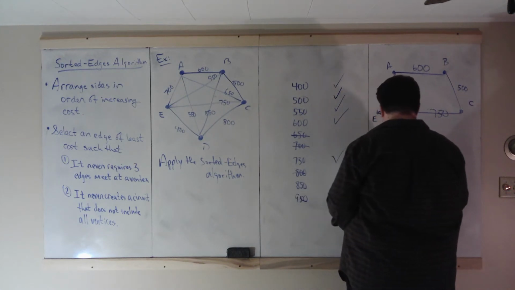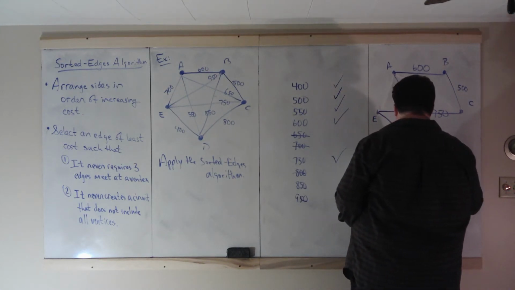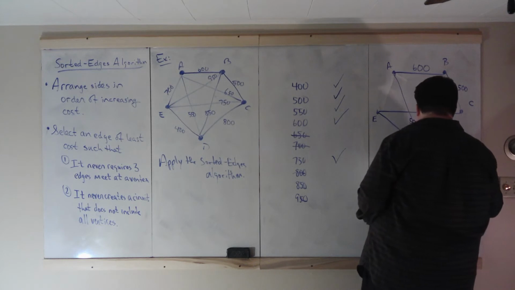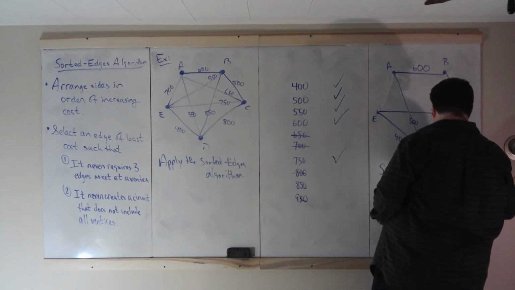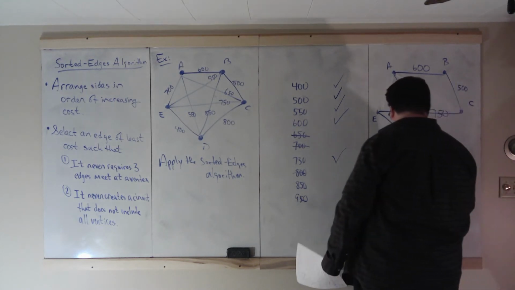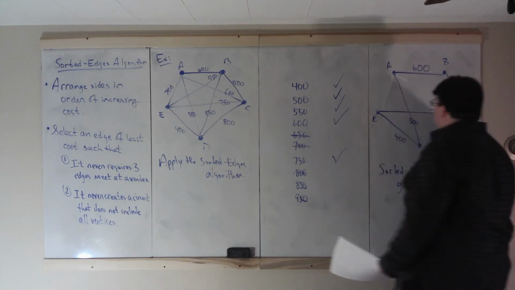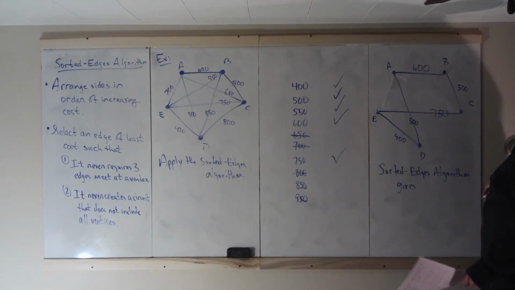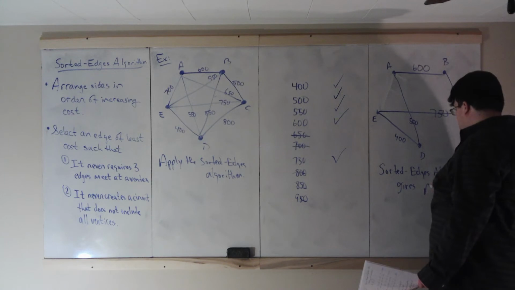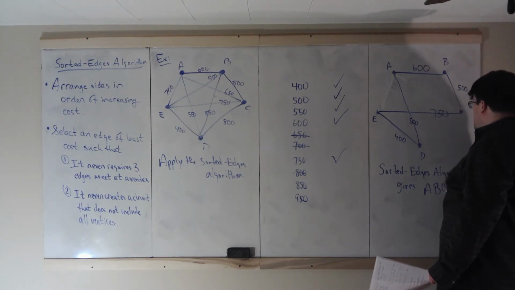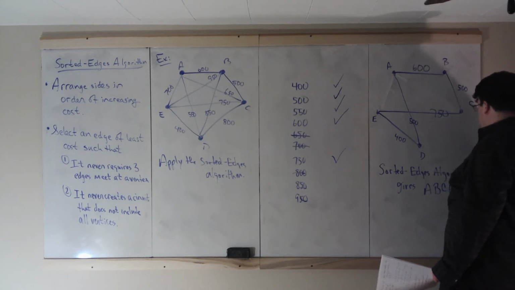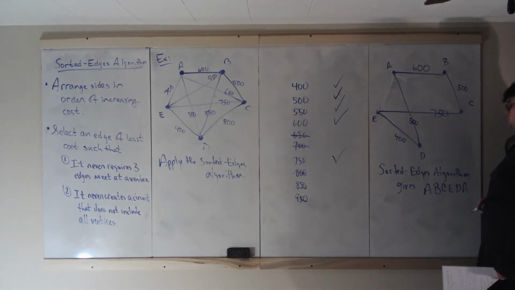So the sorted edges algorithm gives which circuit? I'm going to start at A, I guess. A, B, C, E, D, A. You can start at whichever one you want.